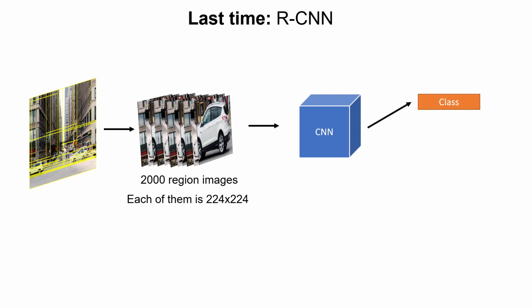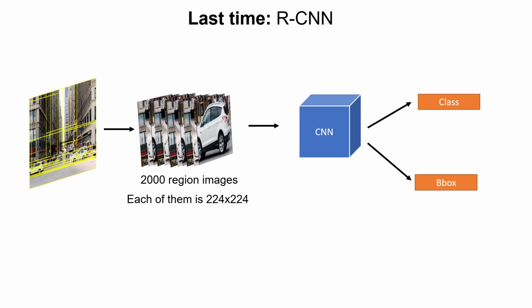One is object class scores, and remember we have C+1 outputs, one for background and the rest for our expected objects. Meanwhile, it generates the bounding box coordinates of the object contained within the image region if it exists and the class score is not the background. Alright, so this is what we know so far, and now our goal is to make it faster.